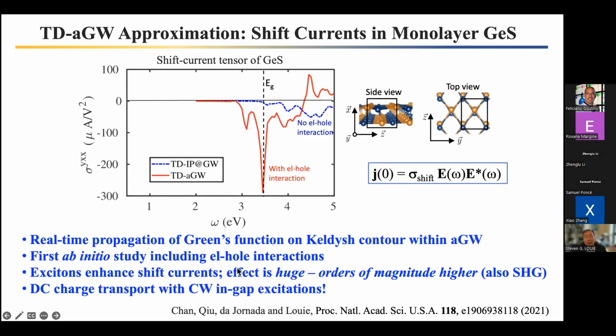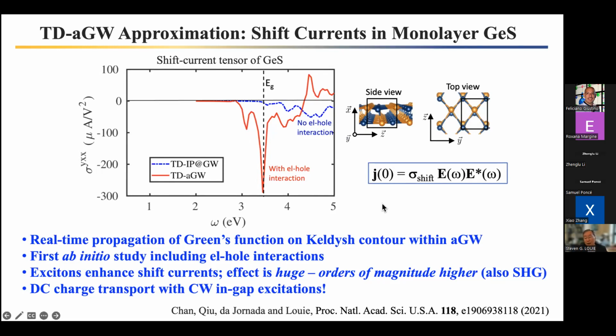This is very interesting because it gives you the possibility of using this kind of bulk photovoltaic effect for solar cell applications without having to have PN junctions with 2D materials, because exciton effects are so strong in 2D materials.